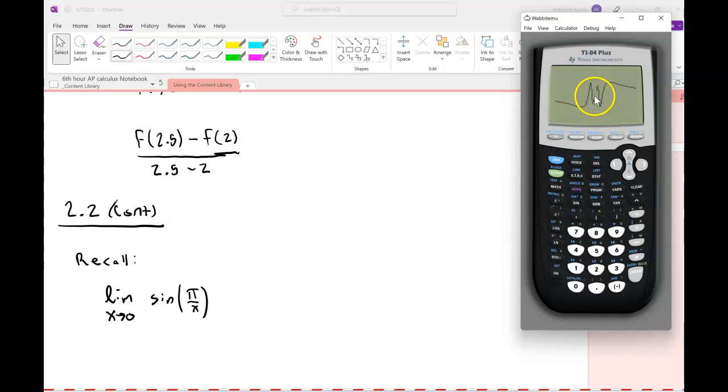So you see where the gap is in the curve? That's where x equals 0 is. If I look at the left side of this curve, it appears it's going to some value there. But if I look at the right side of the curve, it appears it's going towards a different value. Everybody kind of see that? So this is, again, another justification for why that limit does not exist.